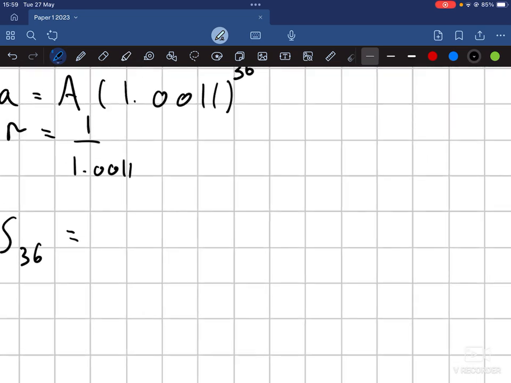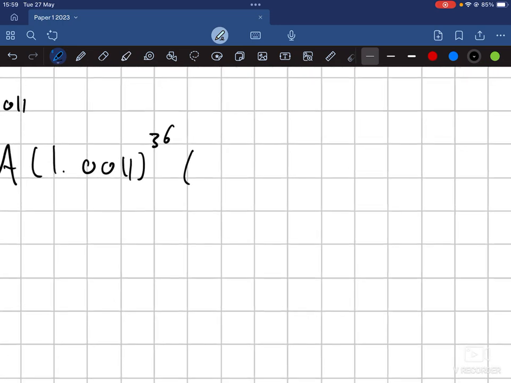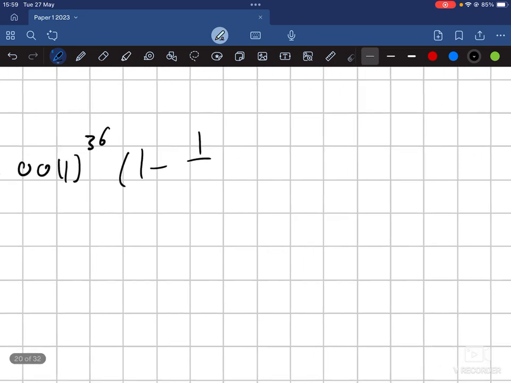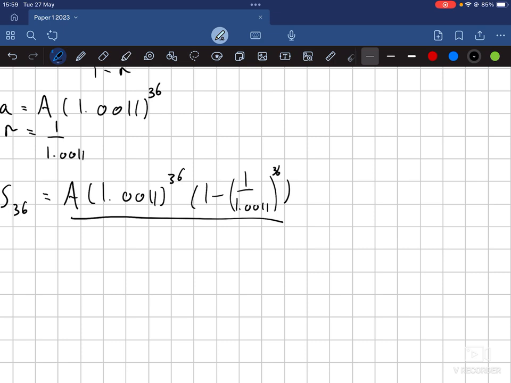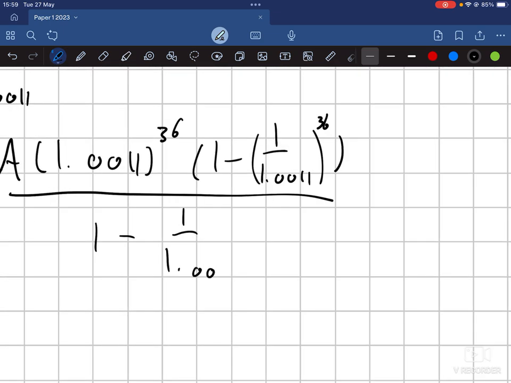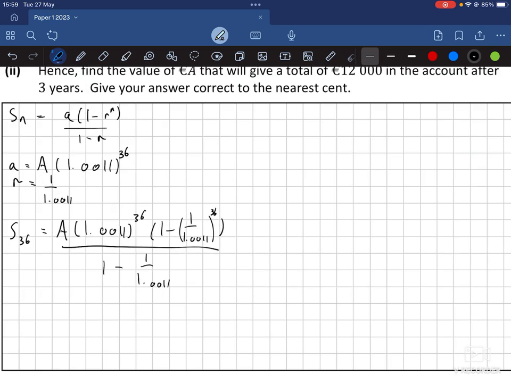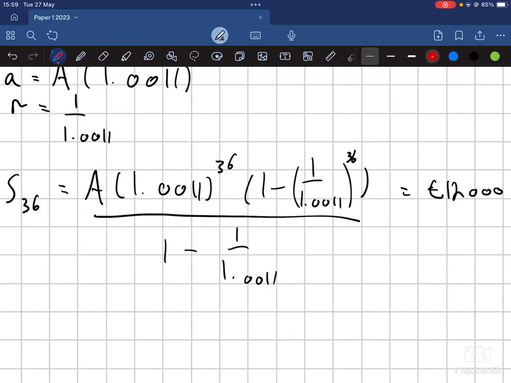Okay, then we put A in, which is this capital A, times this thing to the 36, then multiplied by 1 minus 1 over 1.0011, and then this thing to the power of 36, and then all over 1 minus R, which is 1 over 1.0011, and then we equal that to 12,000. And now what we have to do is rearrange and get A on its own.